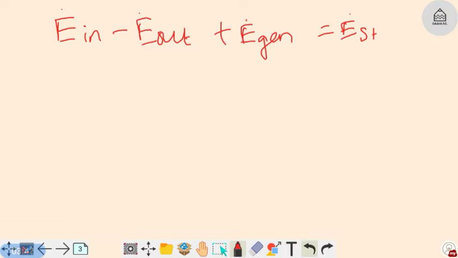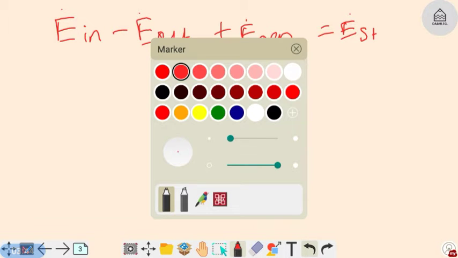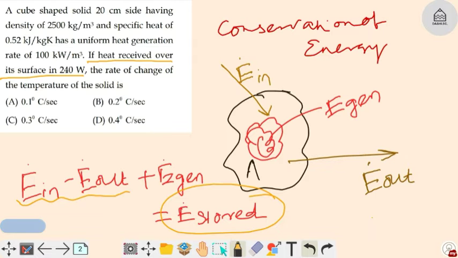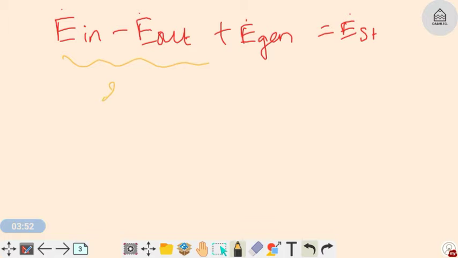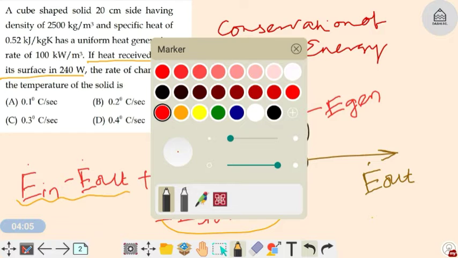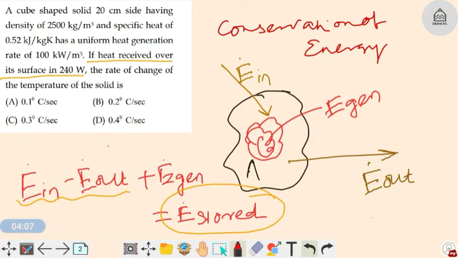So this amount is given in the question, that is 240 watt, plus the uniform heat generation rate of 100 kilowatt per meter cube.